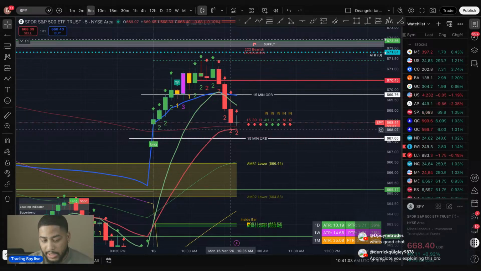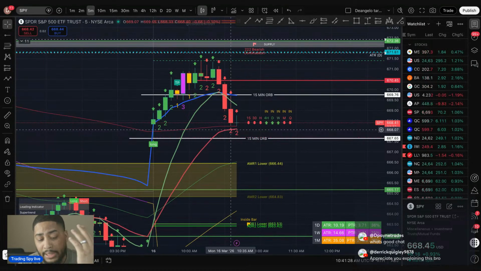All right, just got a touch of the 200. Let's see if it's going to sell through it or buy up off of it. Man, this is tricky because I want to get in on puts, but I know this can bounce at the same time. And notice too, the 9 is back up under VWAP.